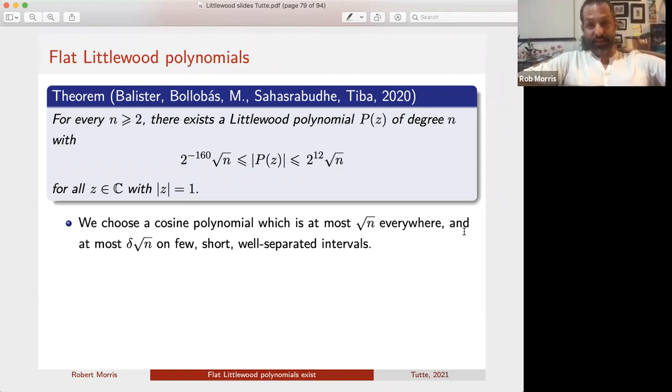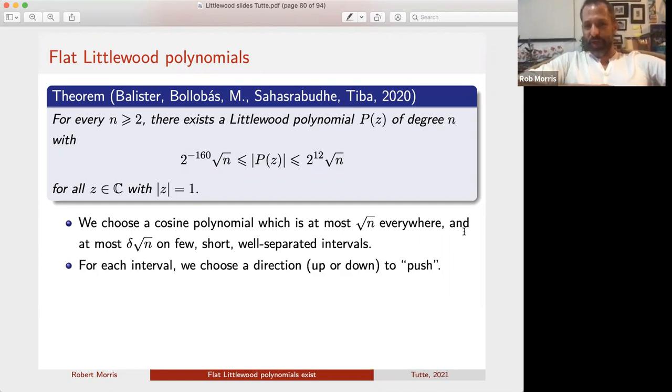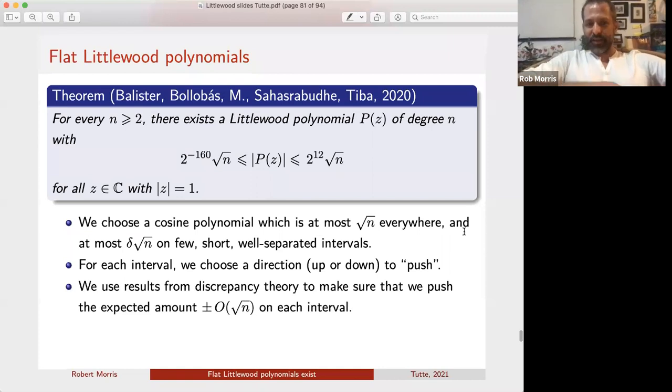And the way we did that was picking the Rudin-Shapiro polynomials, sort of randomizing them a bit, and making sure they have low degree. In each interval, we choose a direction to push vertically, and we use results from discrepancy theory to make sure that we can push it by the expected amount plus or minus some small error. The error is of order root n.